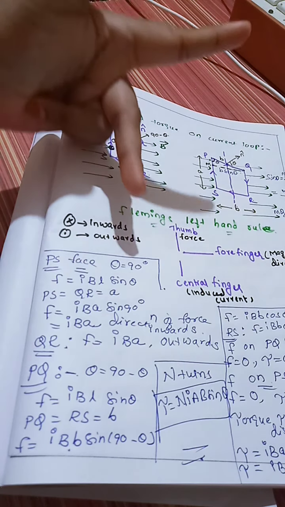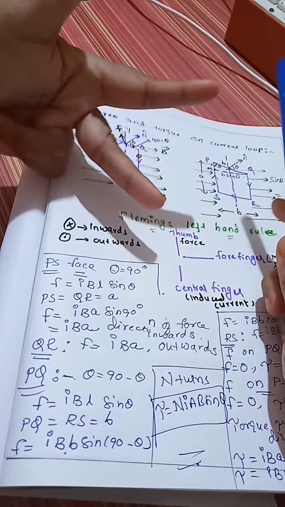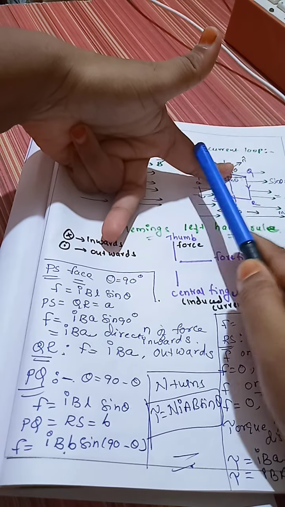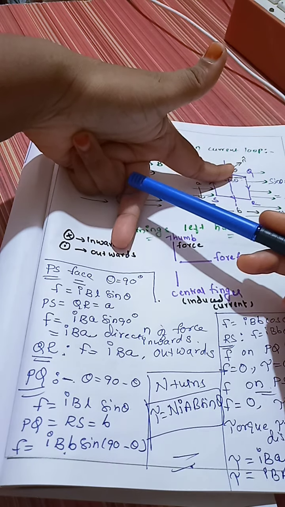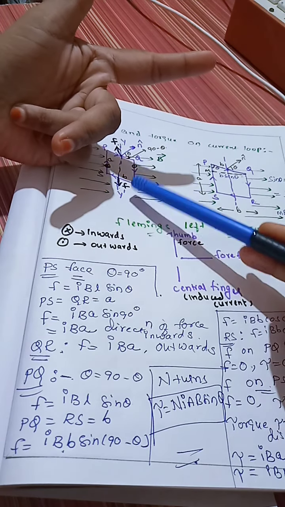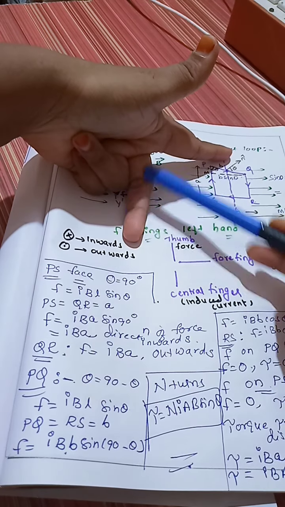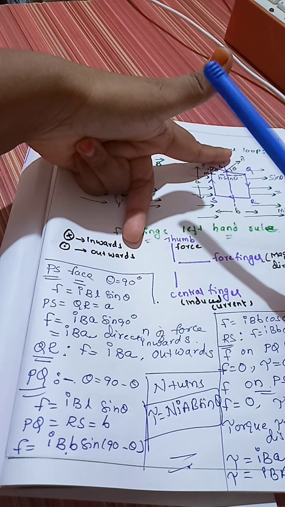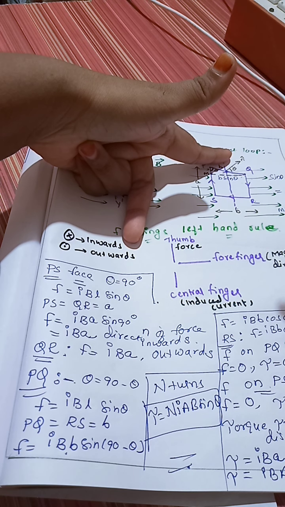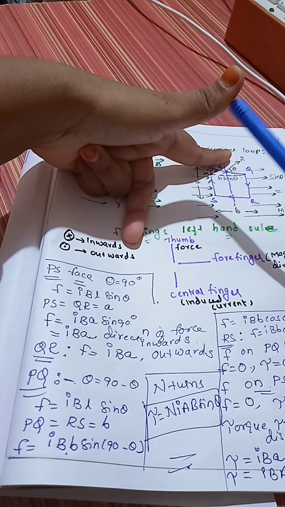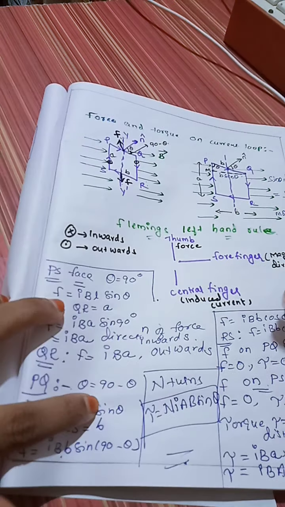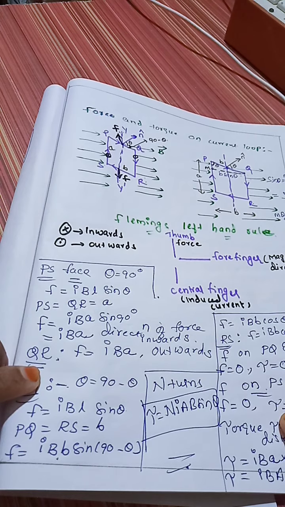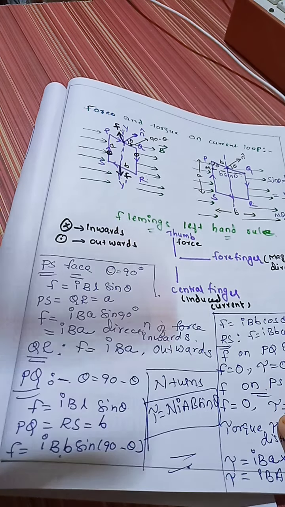The forefinger is along the field direction, and the current direction is from Q to R, so the central finger is placed along the current direction. The thumb is facing outwards, meaning out of the plane of paper. So along the QR face, the force direction is outwards.